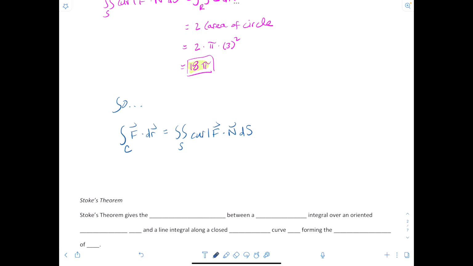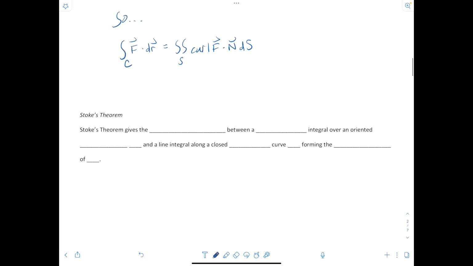So now let's get into the description of what we have going on.